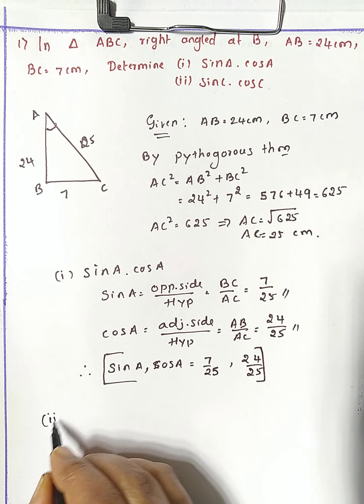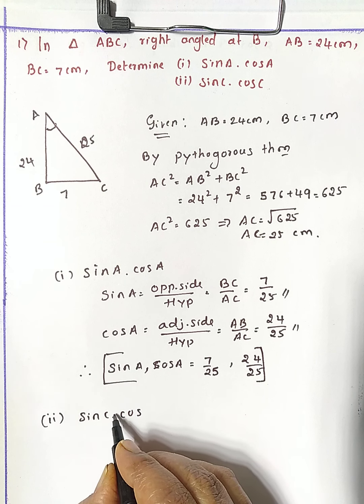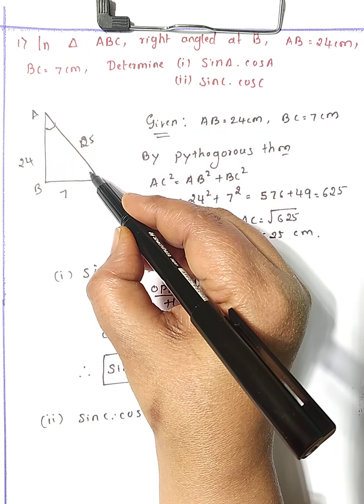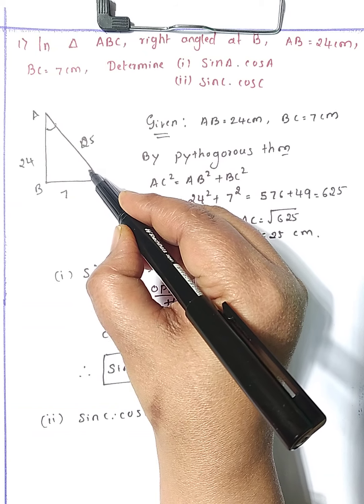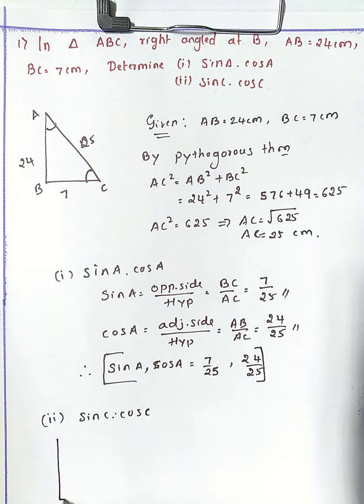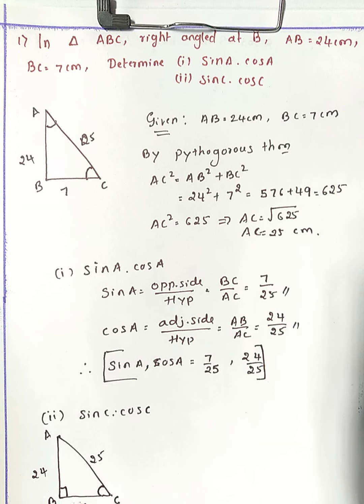Now second question is sin C and cos C. Here we have to find out the trigonometric ratios for angle C. Draw another triangle here, A, B, C. AB is 24, BC 7 and this is 25.